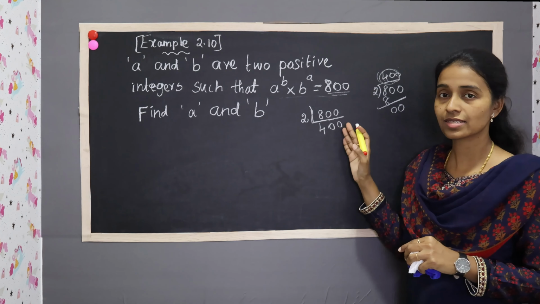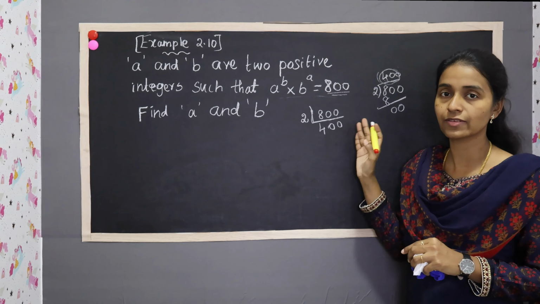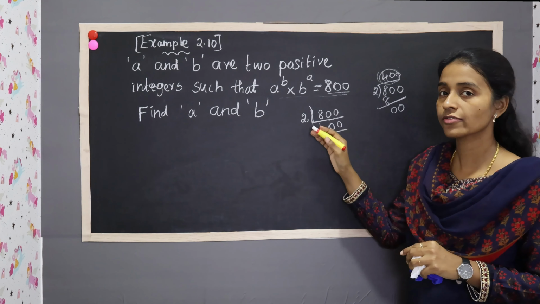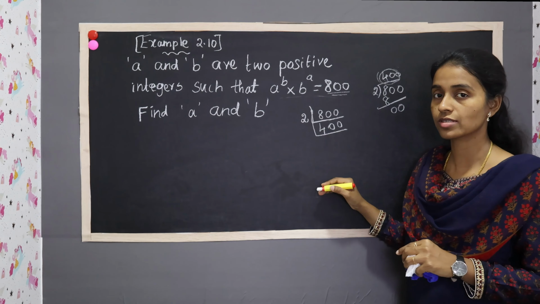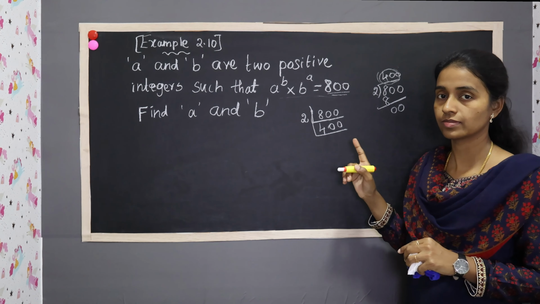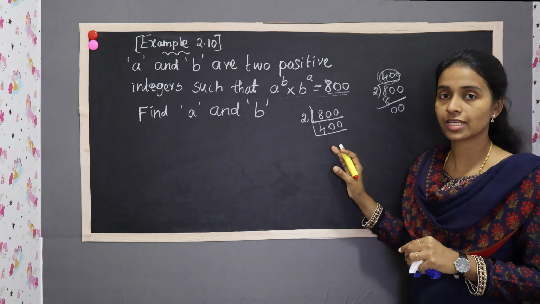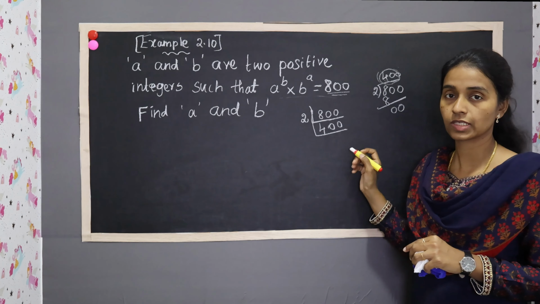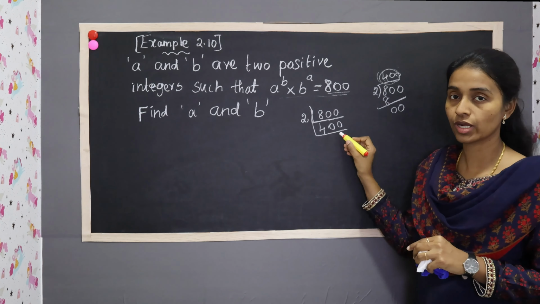This is a shortcut for finding the factors, and again you have to continue the division process until you get the number 1. In whichever stage you get number 1, you can stop the process. Here we have 400.